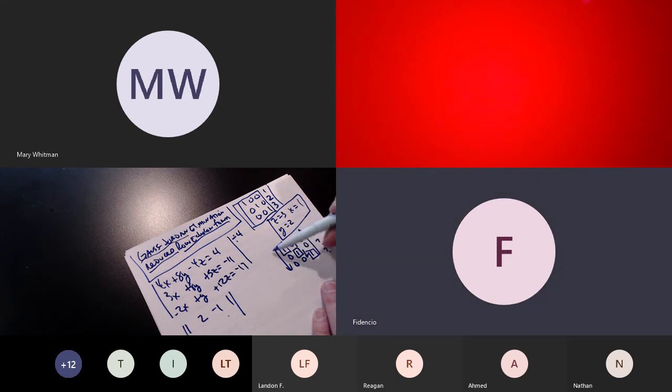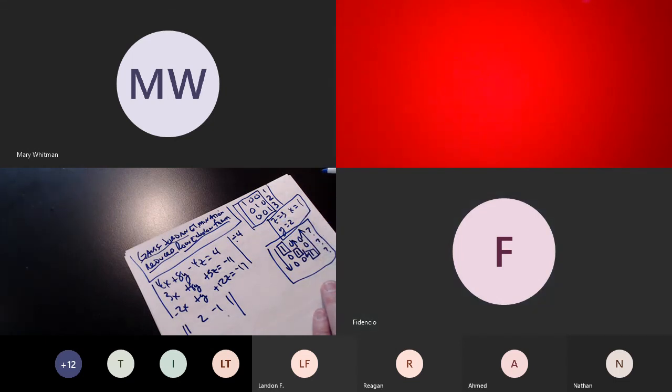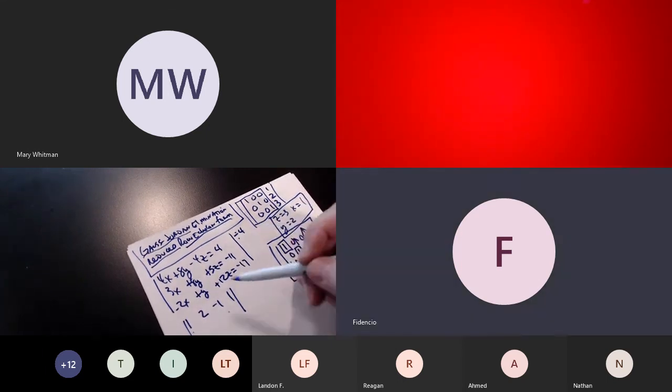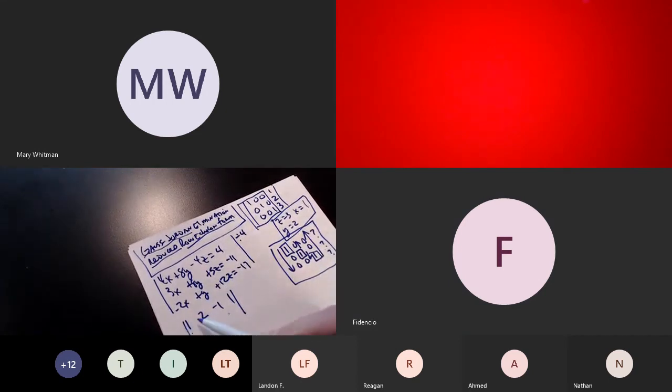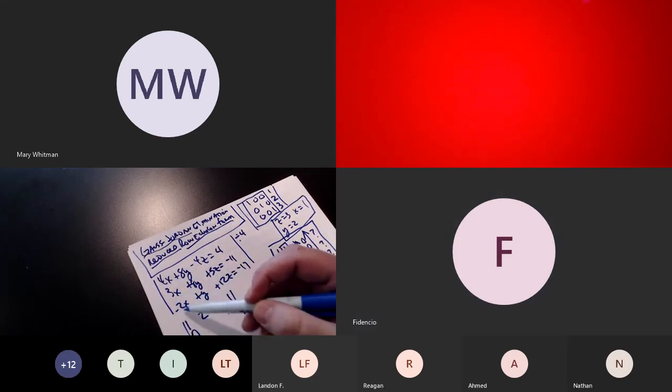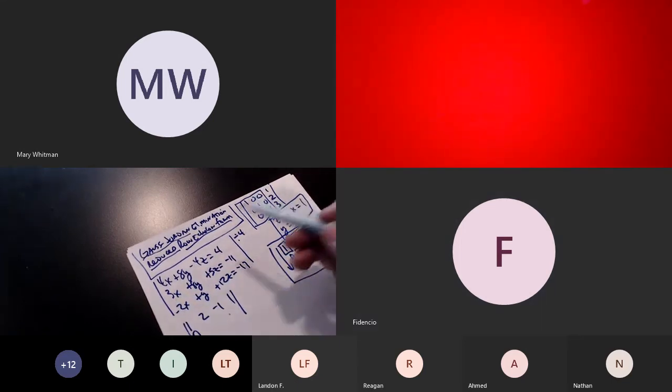Okay? So that's basically the way, and you want to work it this way because if you pick another row that doesn't have a 1 in it, you're going to mess up a previous row that you had fixed. So the idea here is I'm going to use this row, and I need to turn this 3 into a 0, and I need to turn that -2 also into a 0.